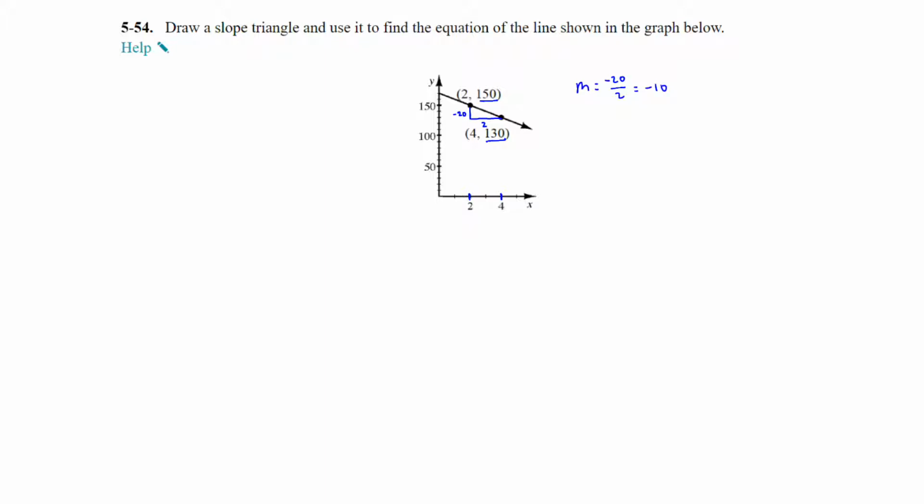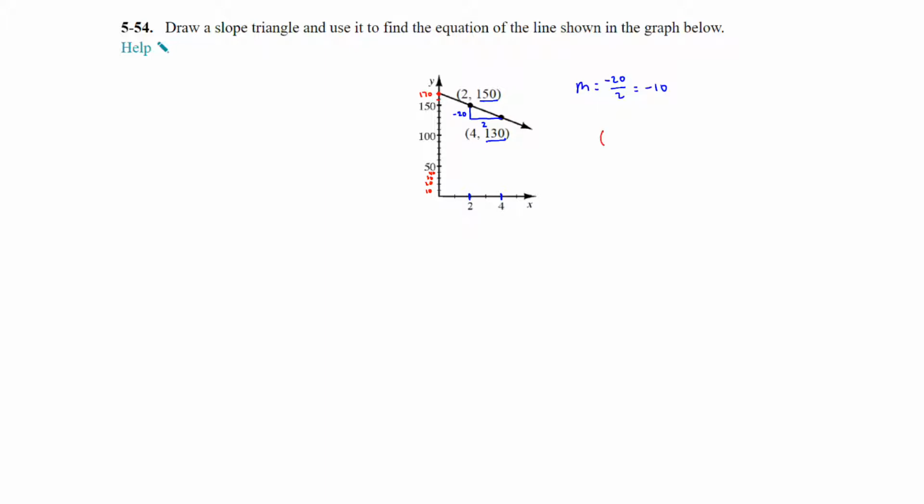Now, the y-intercept looks like it might cross about 175, potentially, unless it looks like actually it's going by 10. So 10, 20, 30, 40, 50. So it is going up by 10, so that'd be 160, 170.